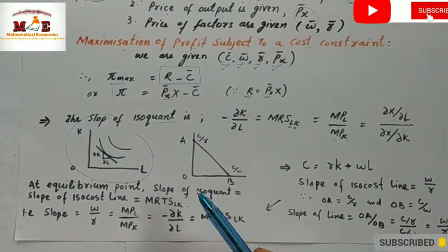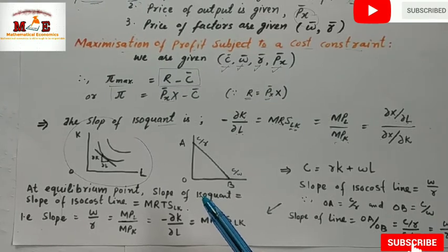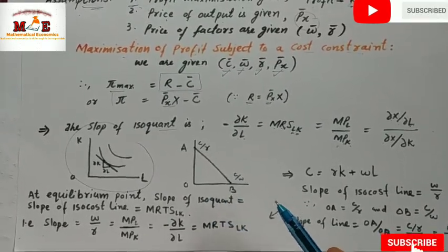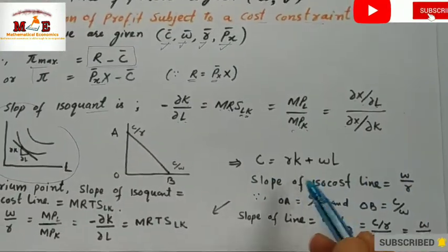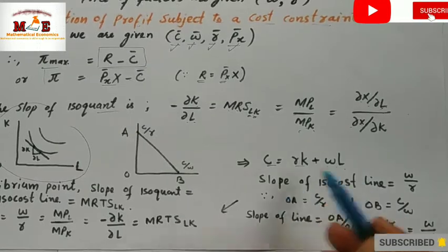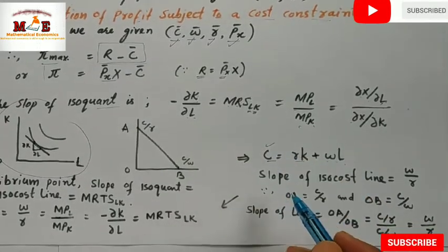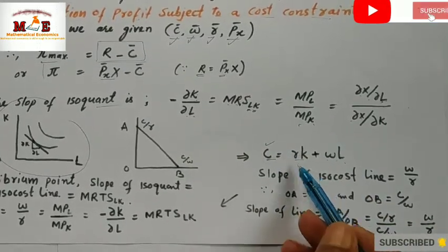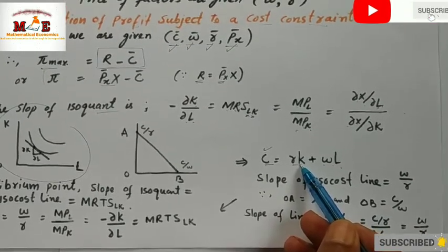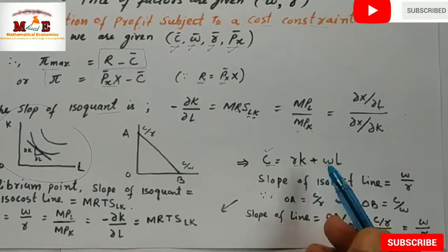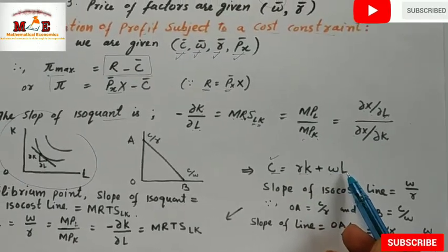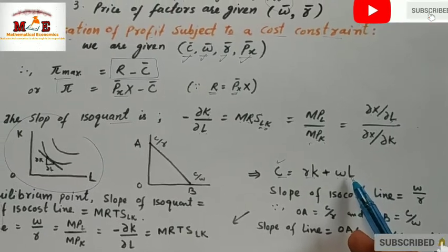Now the isocost line is defined by the cost equation, which is C equals RK plus WL, where C is the total cost outlay, R is the price of capital, and K is the amount of capital used in the production process, plus W is the price of labor, and L is the amount of labor used in the production process.